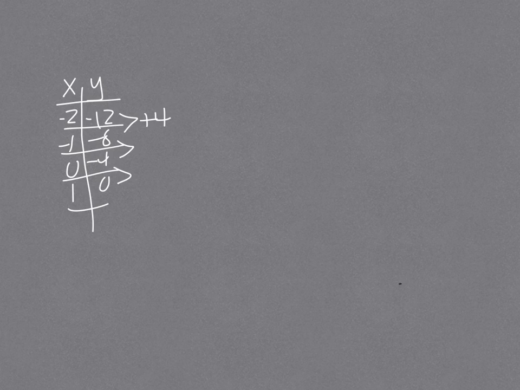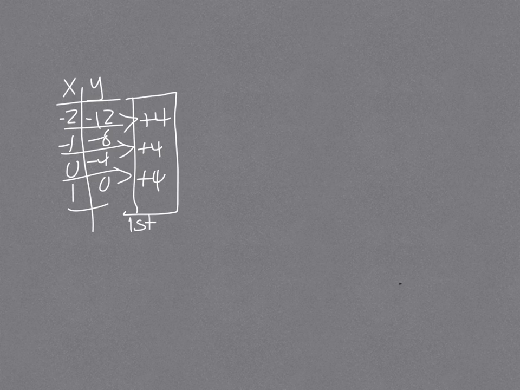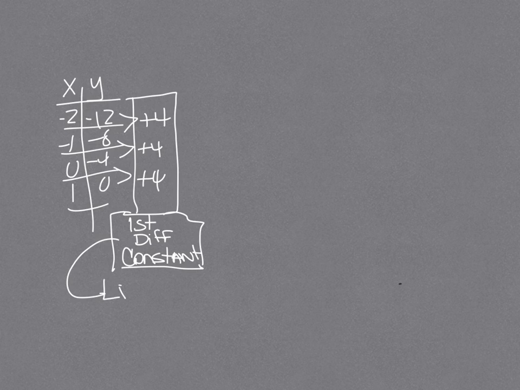So -8 plus 4 is -4, and -4 plus 4 is 0. This is called the first difference, and it is constant, meaning it's the same thing over and over again. They're adding 4. If the first difference is constant, then it's a linear function.